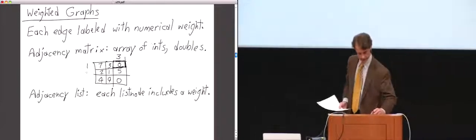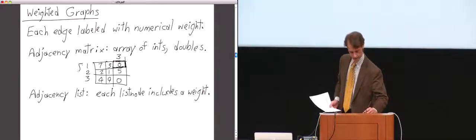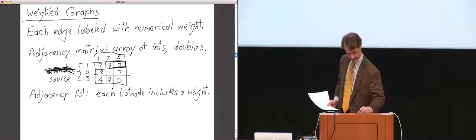So in this matrix here, I'm assuming that these are the destination vertices. And I'm sorry, usually the source is the rows, and the destination is the columns.